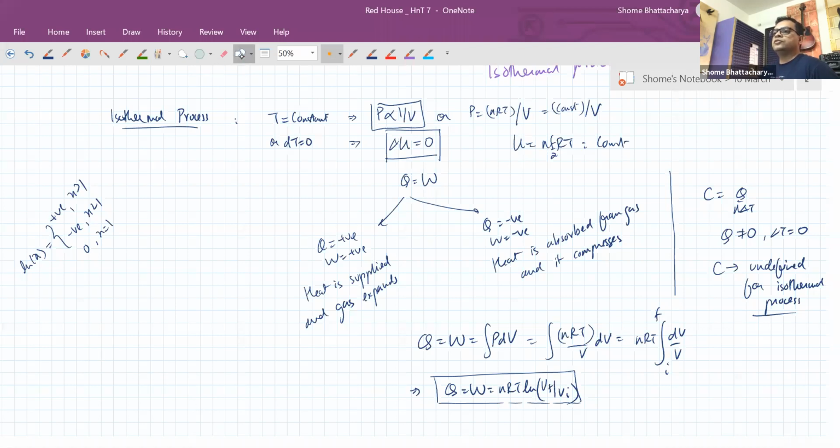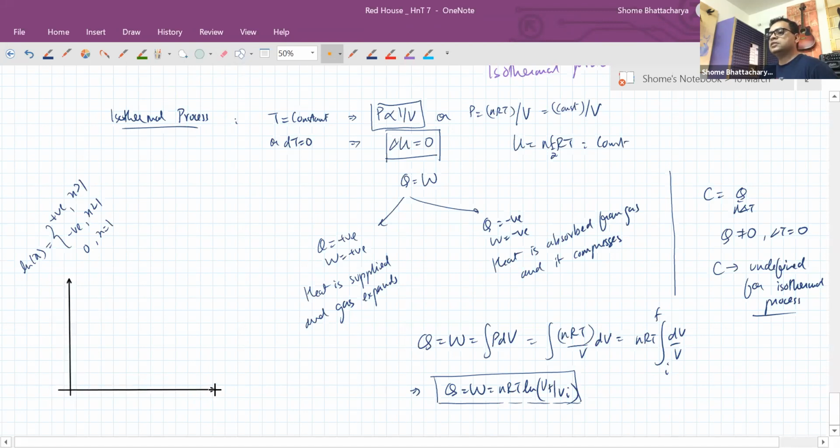Okay. So the final thing about the isothermal process is the graphical representation on PV space. So it's a rectangular hyperbola.